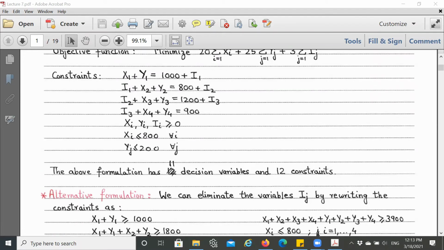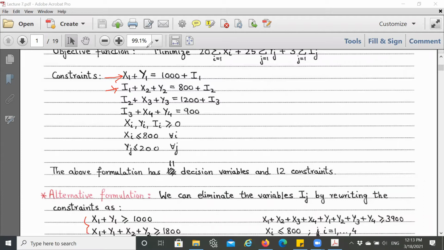Instead of writing this first constraint, we can say X1 plus Y1 should at least be 1,000. Then instead of carrying this I1, I would say that the first constraint plus the second constraint should be greater than or equal to the 1,000 demand for the first month and the 800 demand for the second month, 1,800.